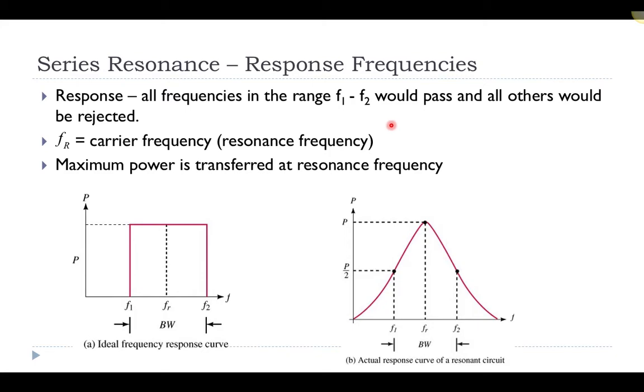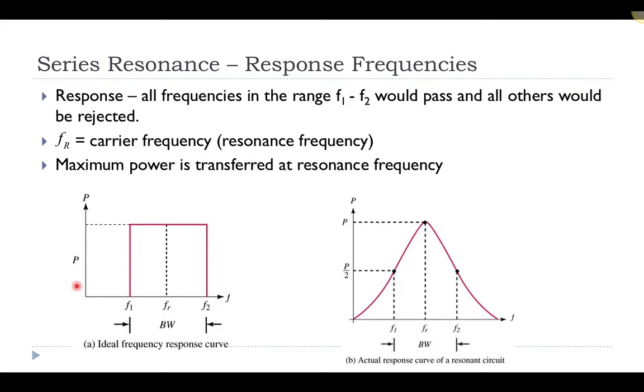So our goal would be to have power from certain radio stations pass into our circuit and be picked up, while others do not get picked up for that particular frequency. We have this idea of a response where frequencies in a particular range would pass and be picked up by our circuit, and all others would be rejected.